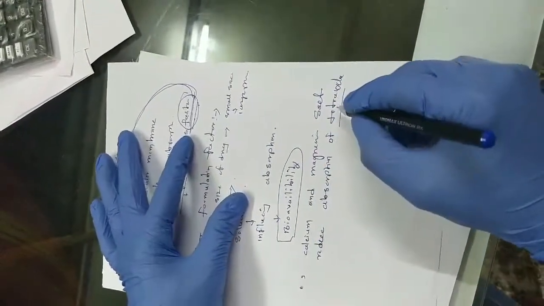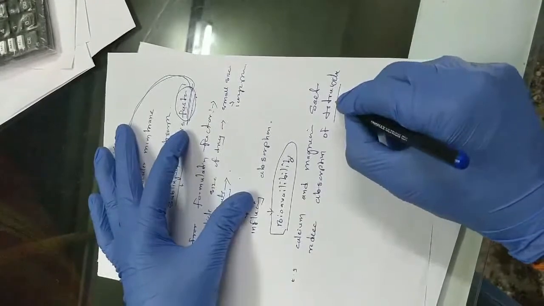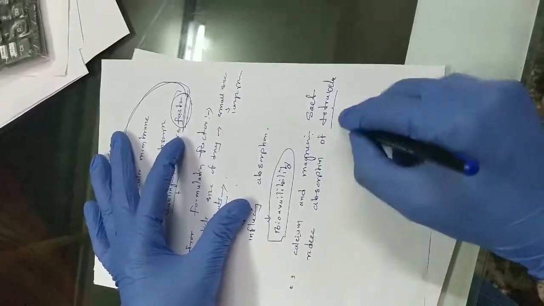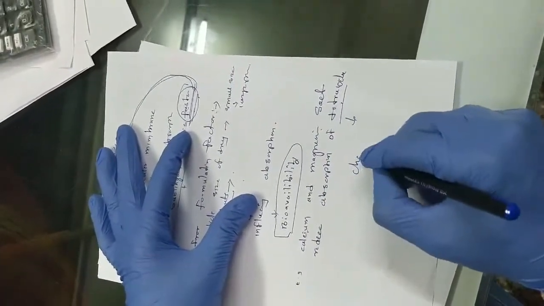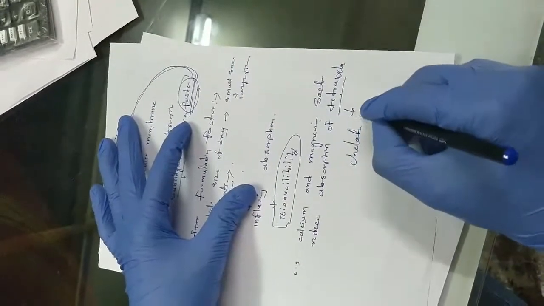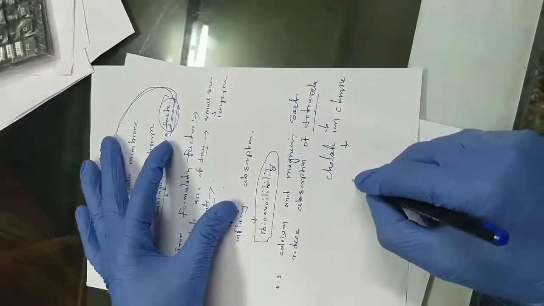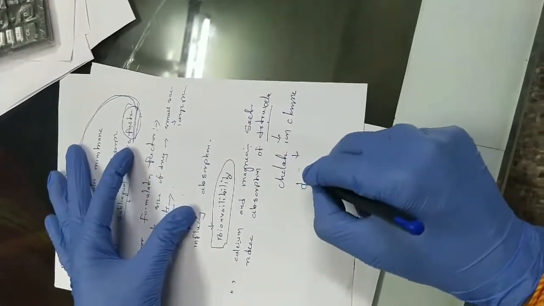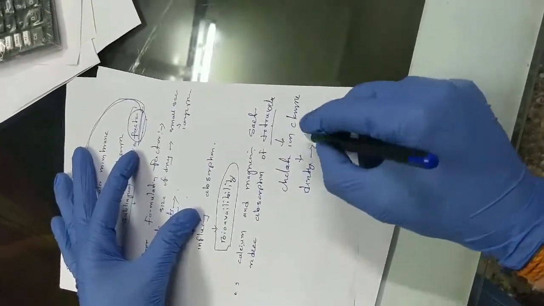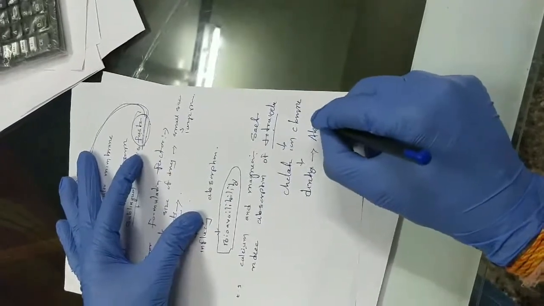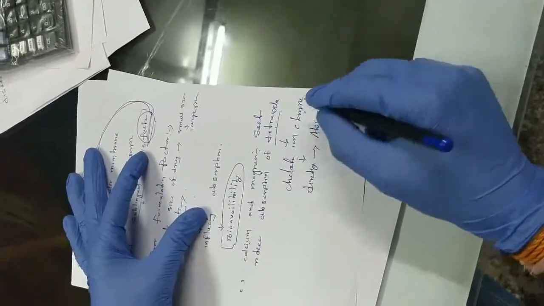When tetracycline is combined with calcium and magnesium, they form a chelate complex, and this directly affects the absorption, so it is not absorbed.